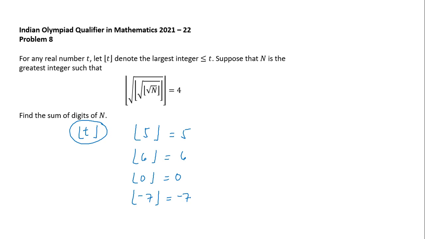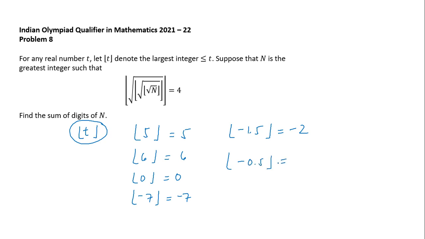Now, what if the value of t is non-integer? For example, the floor of negative 1.5. We always take the largest integer less than this number. So what's the largest integer less than negative 1.5? The answer is negative 2. So the floor of negative 1.5 is negative 2. How about the floor of negative 0.5?